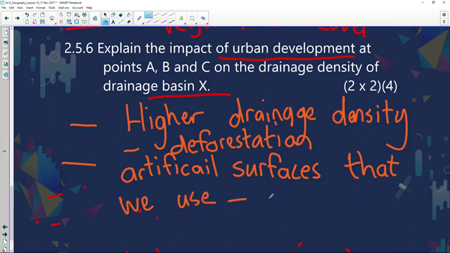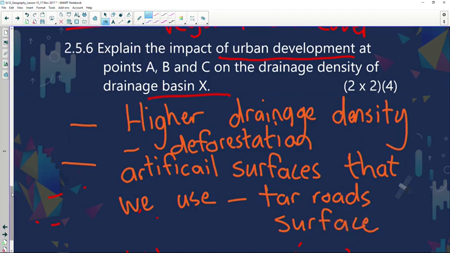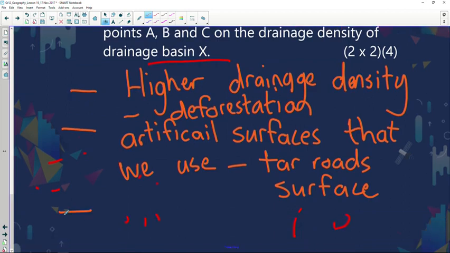For instance, the tar road surfaces. And that will lead eventually to more streams being created because of this artificial surfaces, and because of the deforestation, it creates more streams.